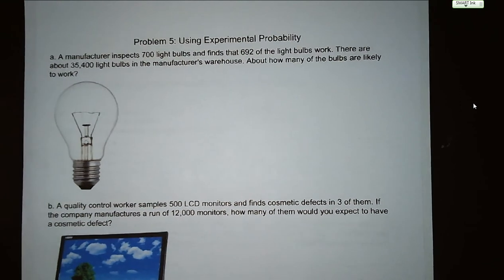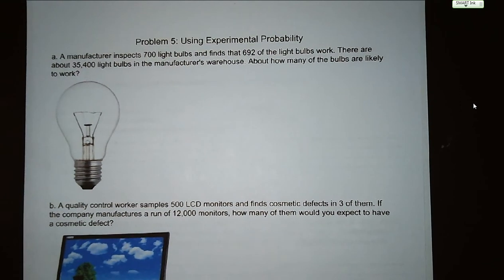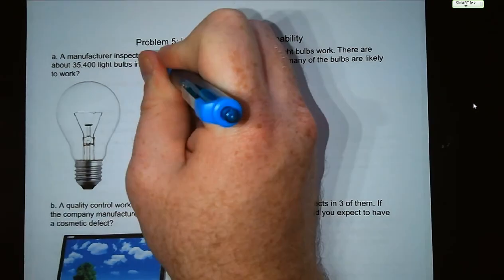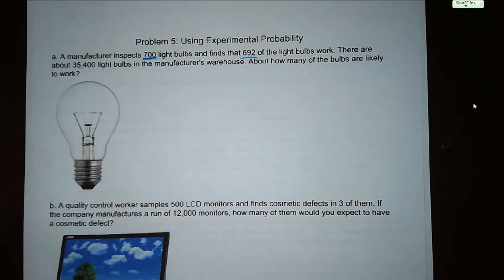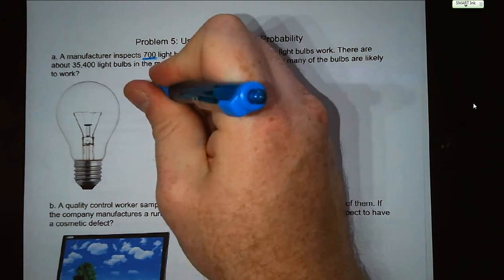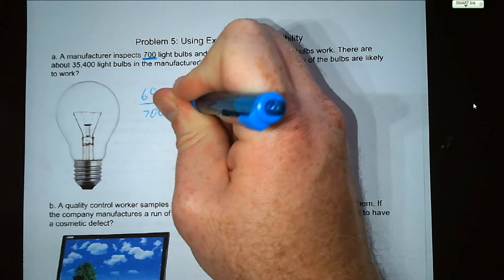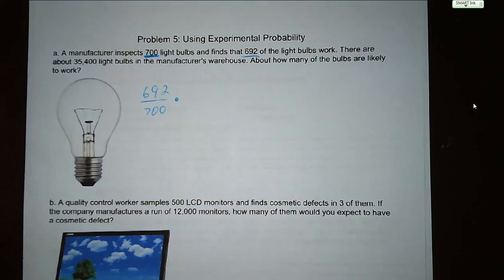So let's just start by figuring out what the percentage of working light bulbs are in our experiment. So we have 692 that were favorable, or that met the criteria out of the 700. So that's 692 over 700. That's going to give us our percentage of light bulbs that work in our sample.